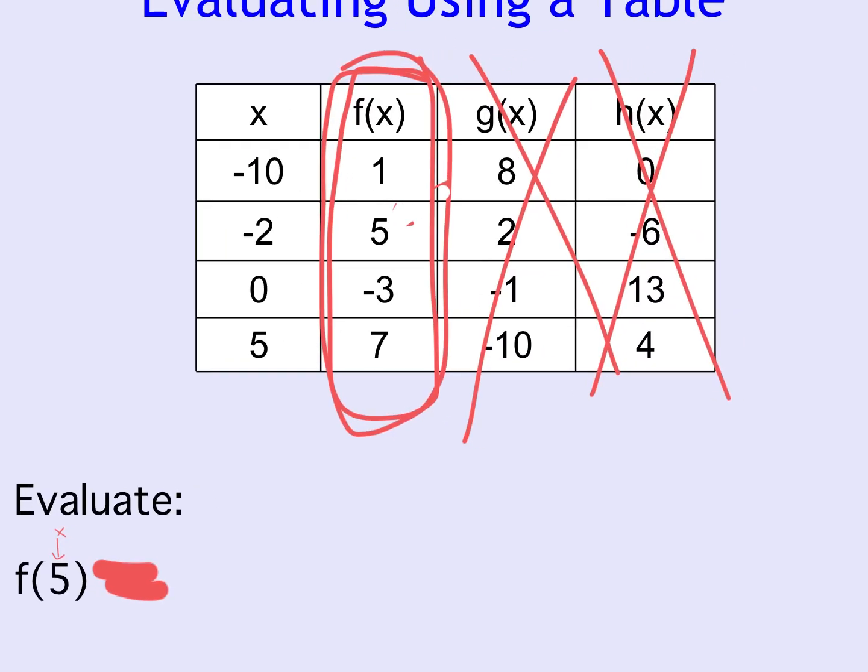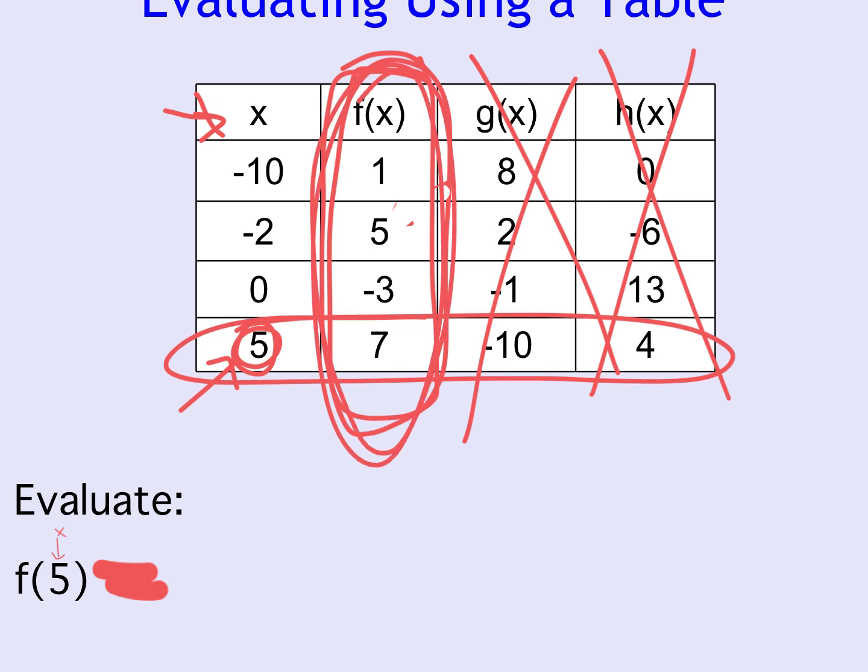X being 5 is this one. Because see, there's x is 5. So you got to see where they overlap. I got the f function here. And I got the 5 there. And I bet now you figured out the answer 7. F of 5 is 7.